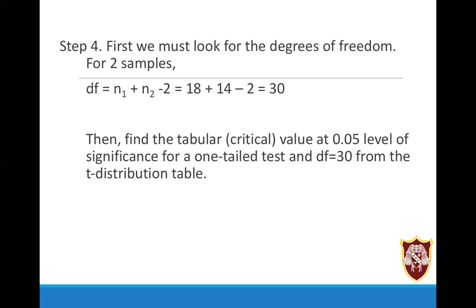So we have 18 plus 14 minus 2 equals 30. Then find the tabular or the critical value at 0.05 level of significance for a one-tailed test and degrees of freedom of 30 from the t-distribution table. You can also find a copy of t-distribution table online.